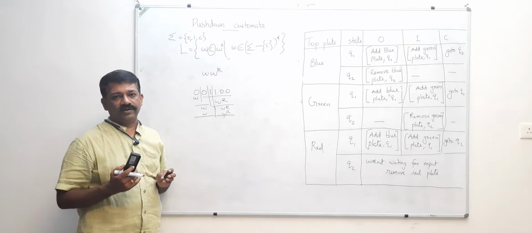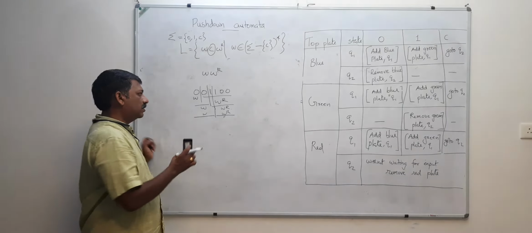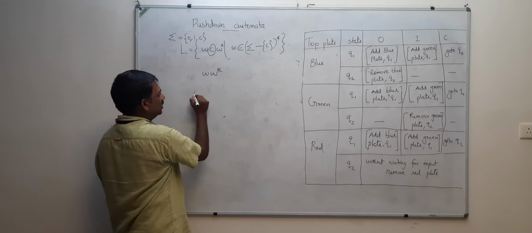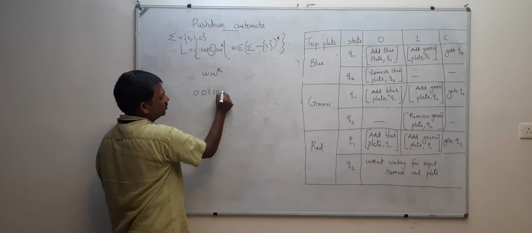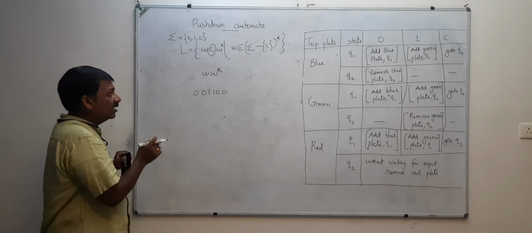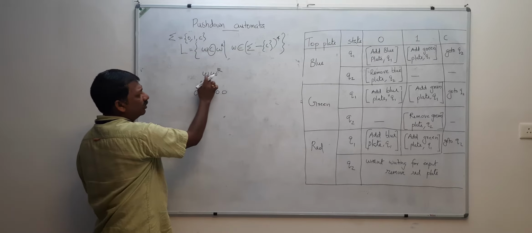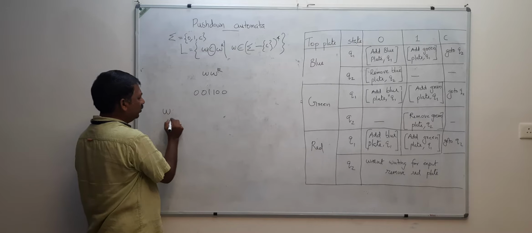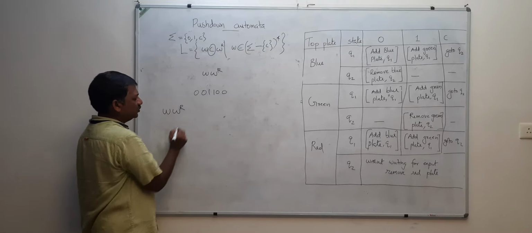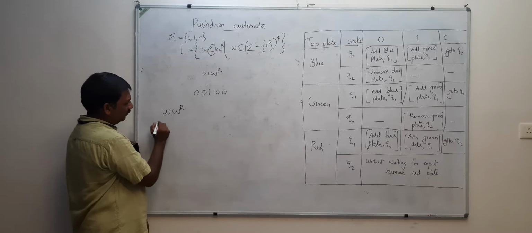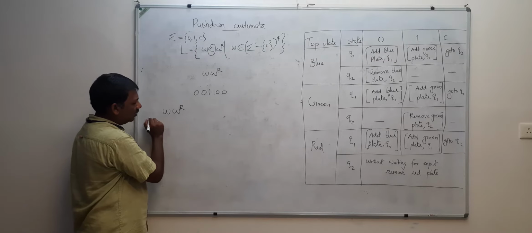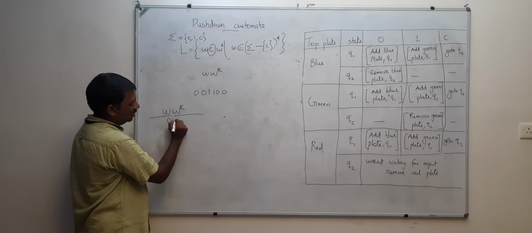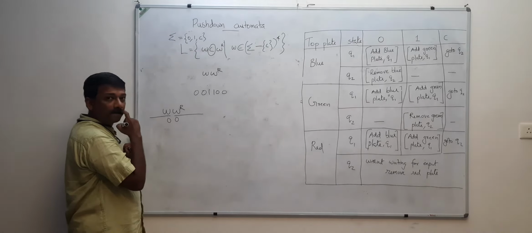Non-deterministic automaton. One thing you should remember: here 0, 0, 1, 1, 0, 0. If W raised to R is there, the last element of W should be the first element of W raised to R. That means if your W is ending in 0, then W raised to R should start with 0.